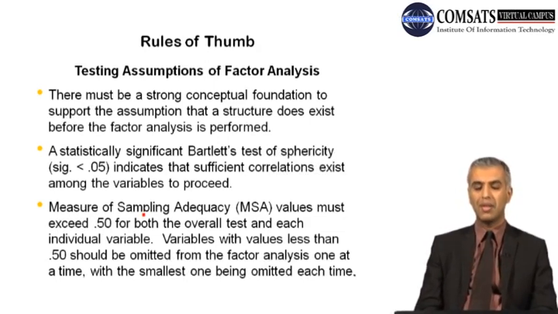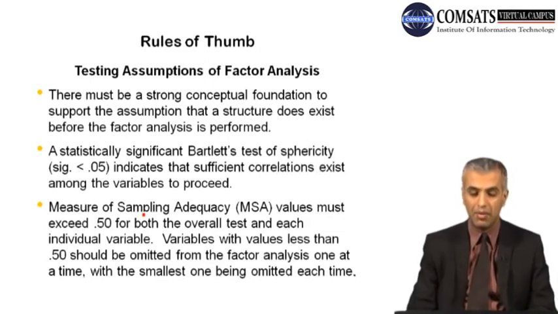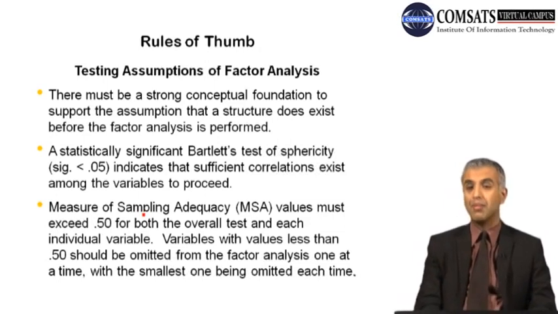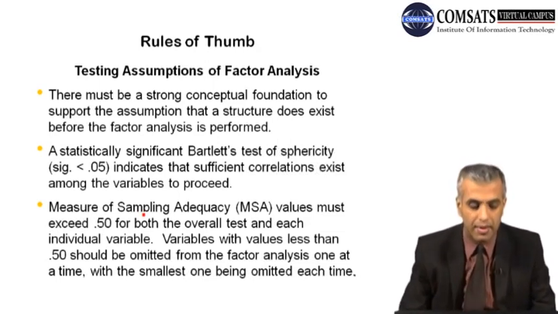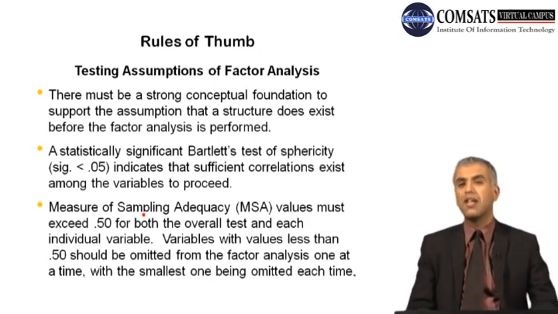This test looks for any correlations among these variables within the data set, and if sufficient correlation exists among these variables, then Bartlett's test of sphericity is termed significant. So that is one requirement before commencing factor analysis, because this is not an ordinary analysis.